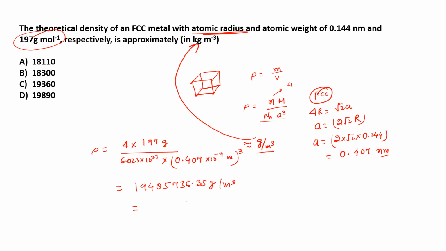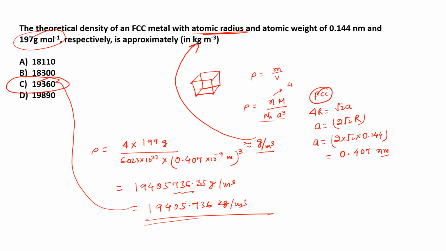So now if we convert it into kg, it will be divided by 1000. So it will be 19405.736 kg per meter cube. Okay, so which one is the closest answer? It is option C. Alright guys, so it matches with option C.